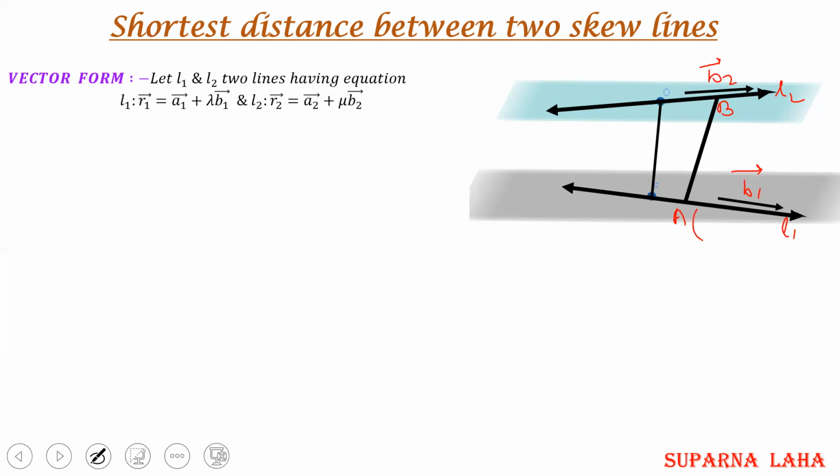Now, the position vector of A is vector A1, and the position vector of B is vector A2. Clear?